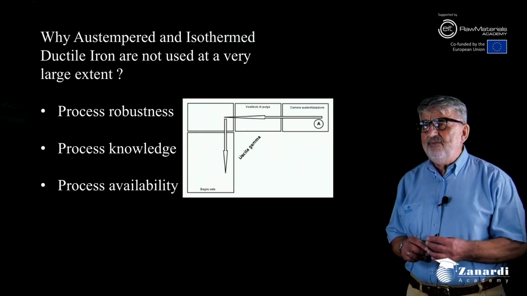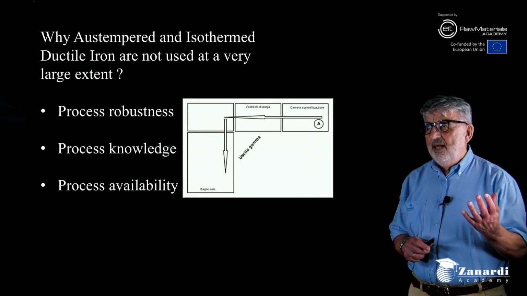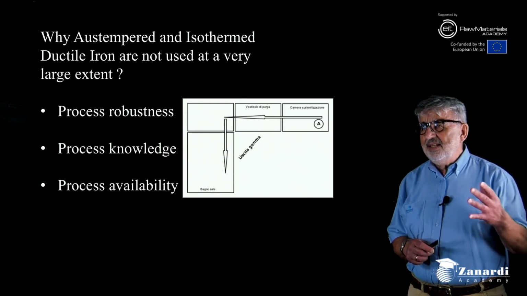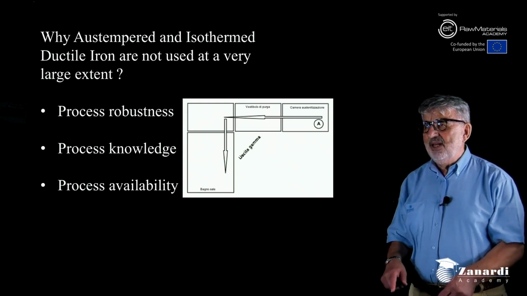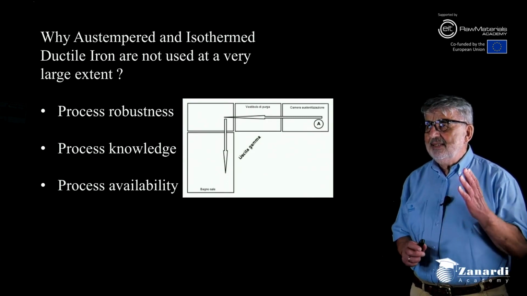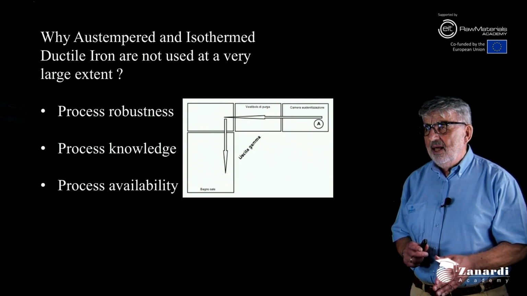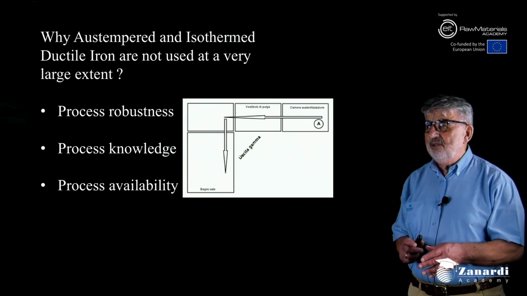Why? Because we have a first process that is quenching, a transient from the austenitizing temperature to the salt tempering temperature. And this quenching needs to be very rapid because we need to avoid the pearlitic nose.